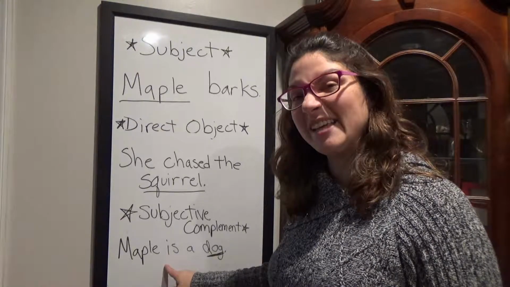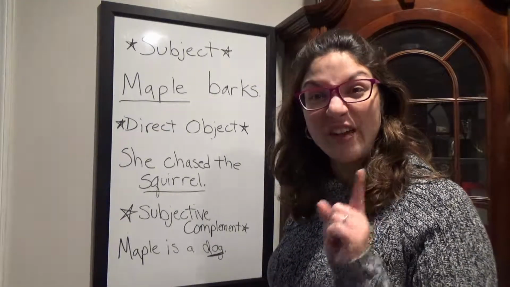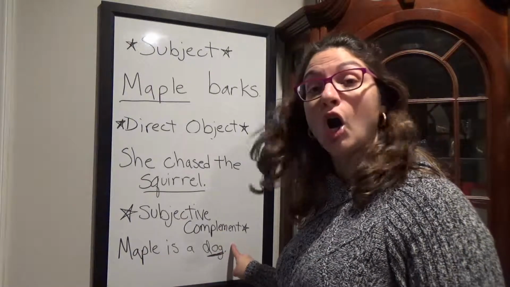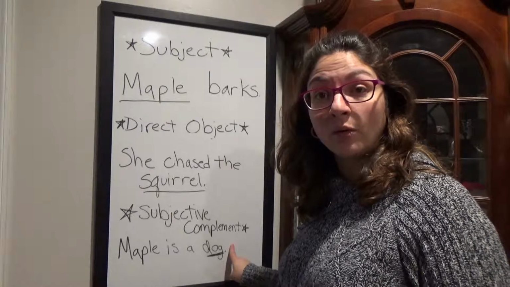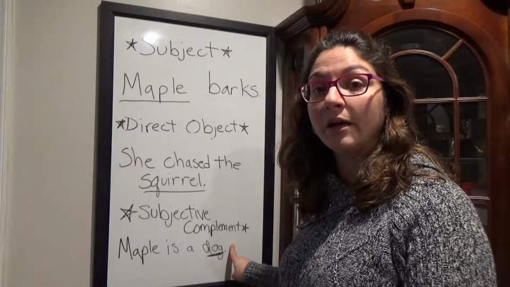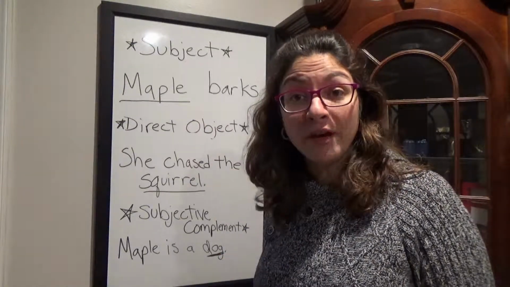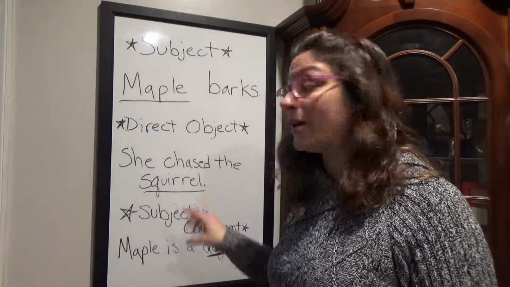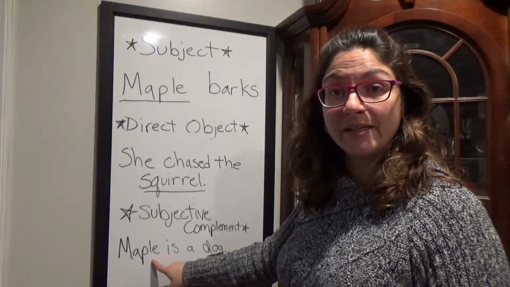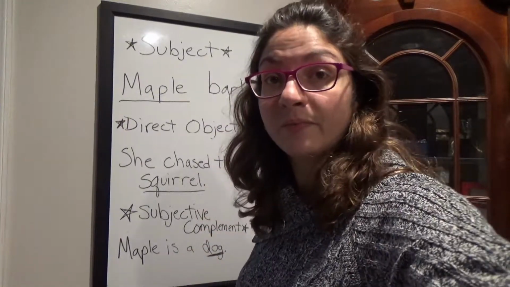This is a tricky sentence structure to learn, but you will get it, I promise. You're very smart. But we're going to talk about the word dog. Dog is a noun. This sentence shows where it is a subjective complement. These are all nouns. There are other nouns on this whiteboard as well, such as Maple again in this sentence. But for right now, I just wanted to show you the parts of speech.